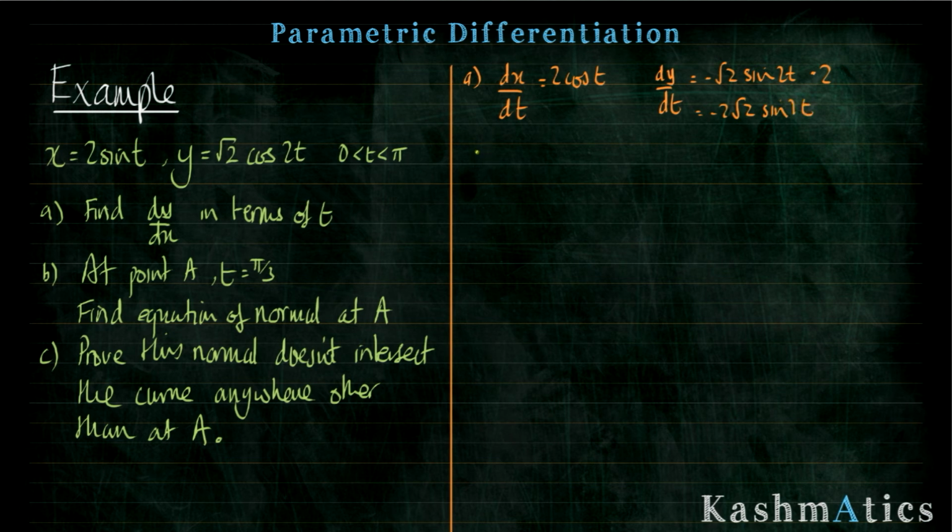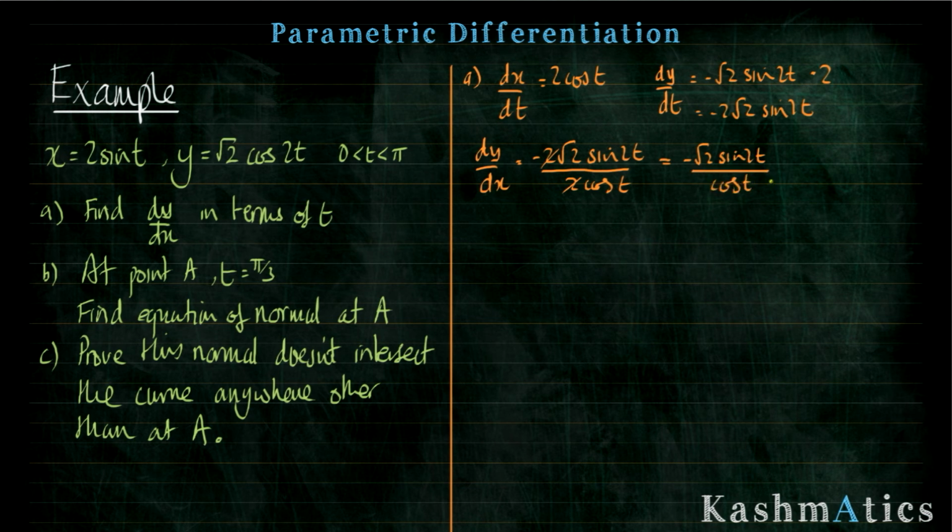So that gives us dy by dx equals dy by dt, which is minus 2 root 2 sine 2t, multiplied by 1 over 2 cos t, which is the same as dividing by 2 cos t. Now these twos cancel each other out, leaving me with minus root 2 sine 2t over cos t.